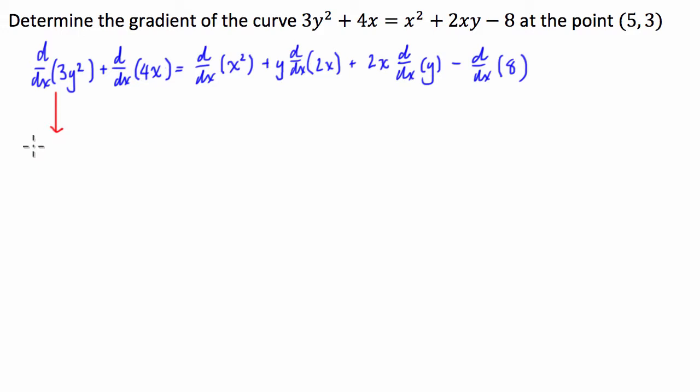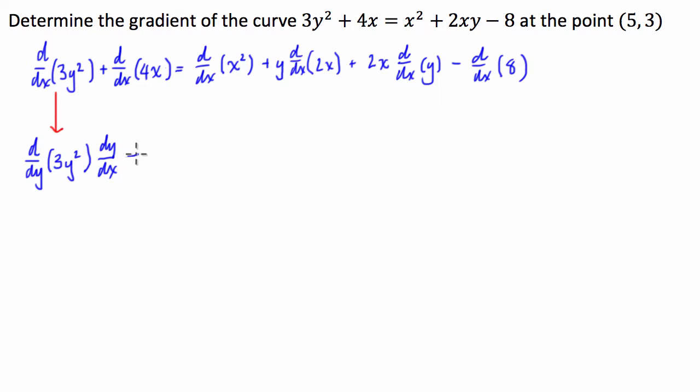So we're going to have d/dy of 3y squared, but we're going to then multiply that by dy/dx. And the reason we do that is these two things are equivalent, because we have d/dy and dy/dx. The dy's cancel and we have d/dx, which is all we had at the top. But now we can actually differentiate this.